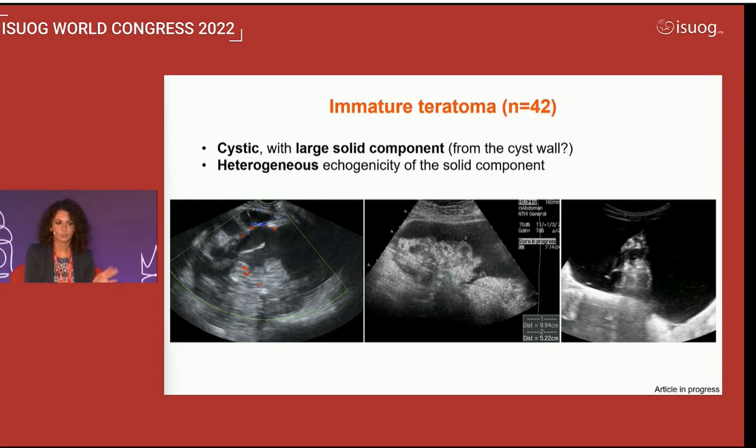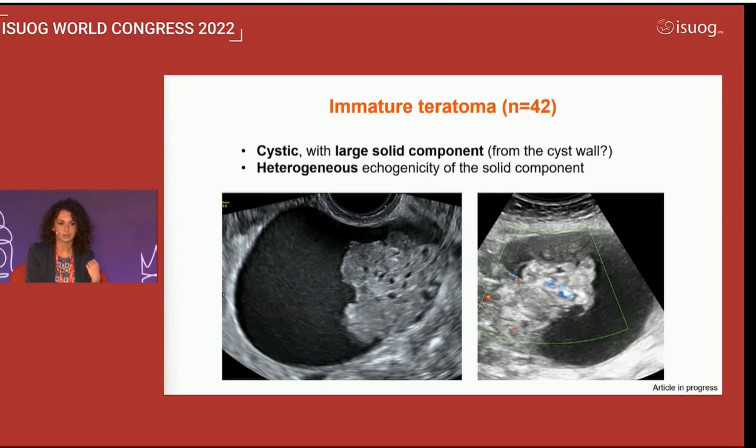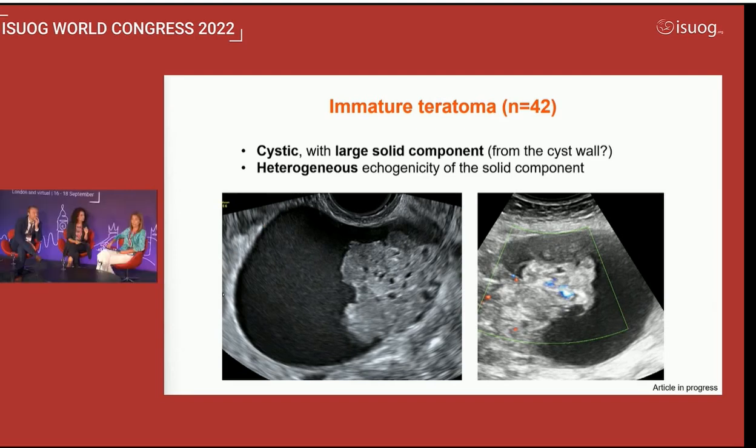And here I wanted just to show all different types of immature teratoma, just to get used to this echogenicity, to the bizarre echogenicity, and also to the presence of vascularization. Can you recognize the tortellini here? Please say yes. Those are circular structures. It's tricky. We have to work on this typical feature.